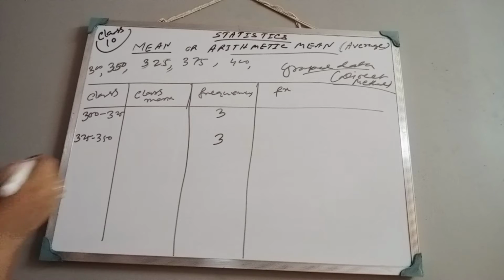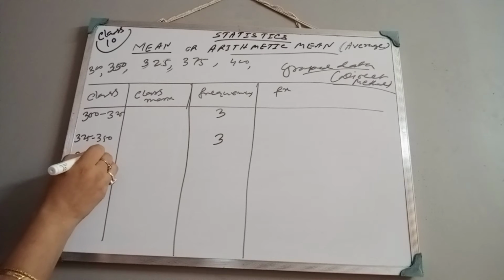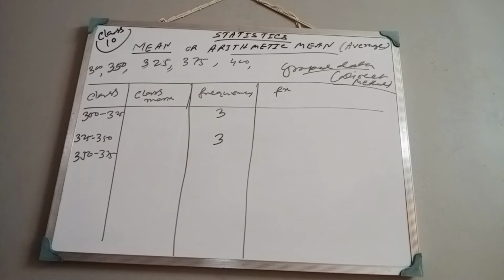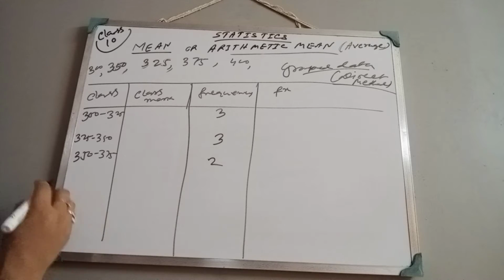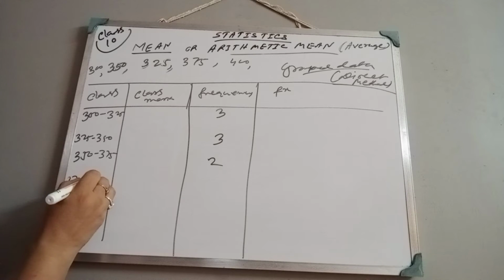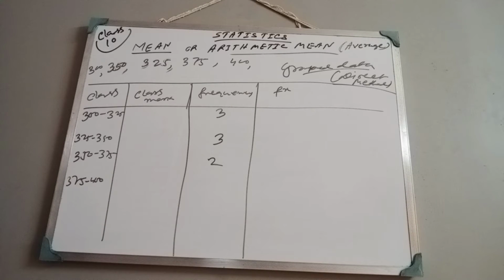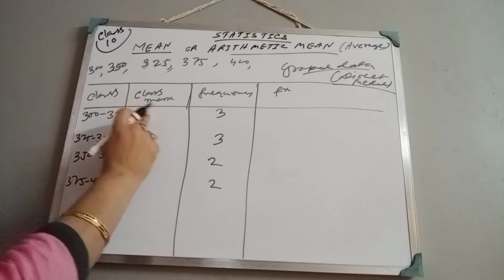Next 350 to 375, frequency is 2. Next 375 to 400, frequency is again 2. Now we have to find the class mark.